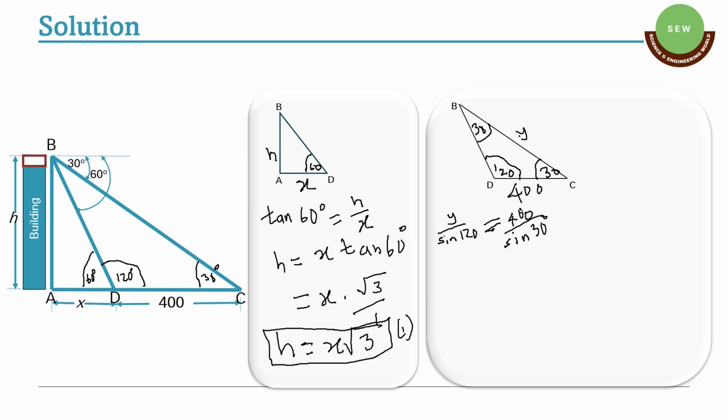Now we can find y. Say y equals 400 multiplied by sine 120 all over sine 30.